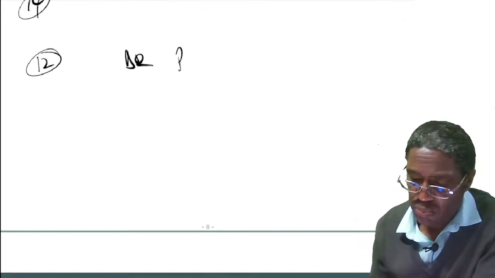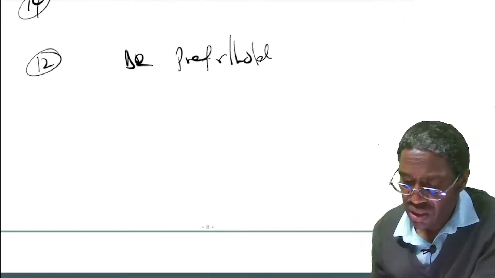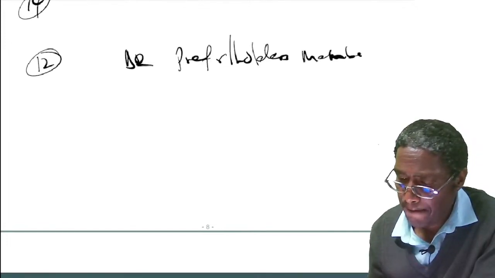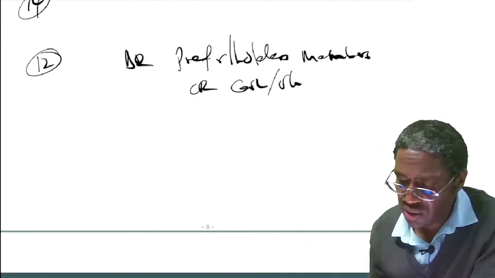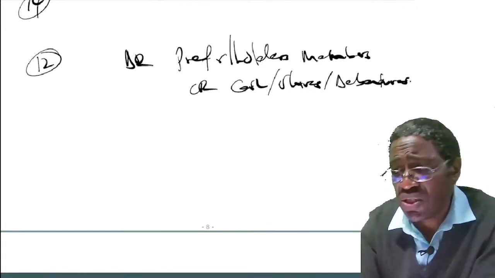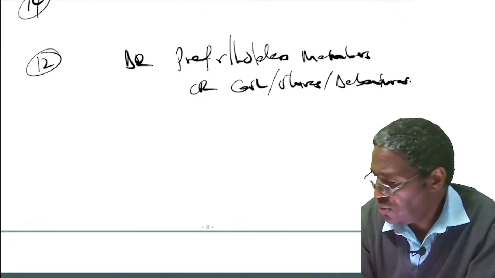So debit preference shareholders members, we are paying them, credit cash, stroke shares, stroke debentures. Whatever it is that you are using to pay them, use it.